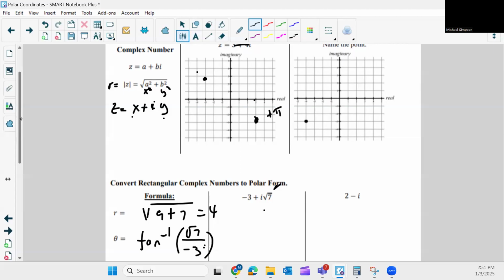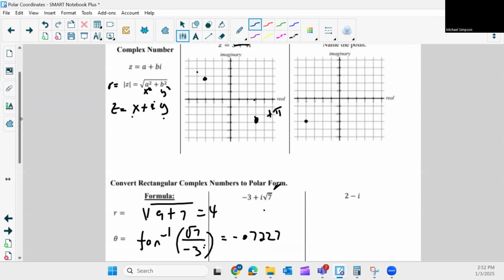Good? And so when I do that, tan inverse, what do I get? If I put this in the calculator, tan inverse is going to give me negative 0.722. I'm going to go one more place over, because that's not my final answer, so I'm going to include an extra decimal place.